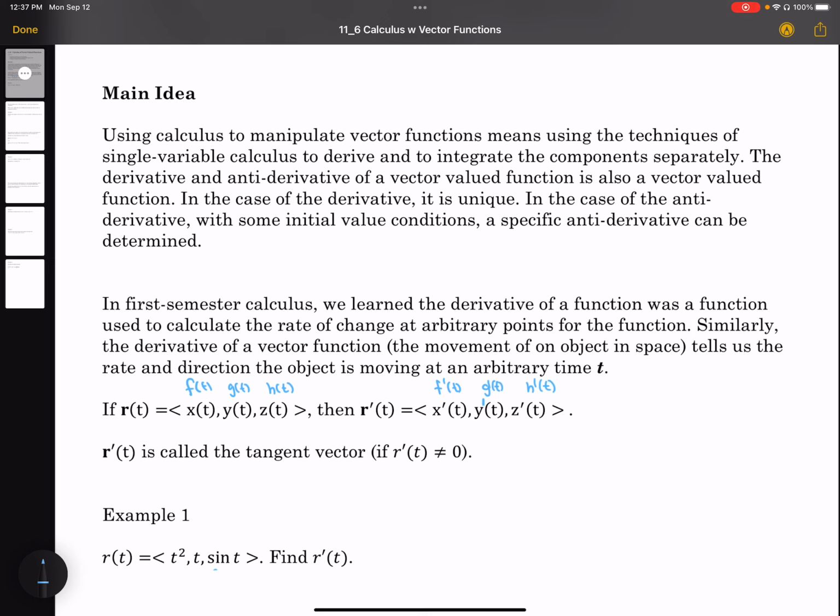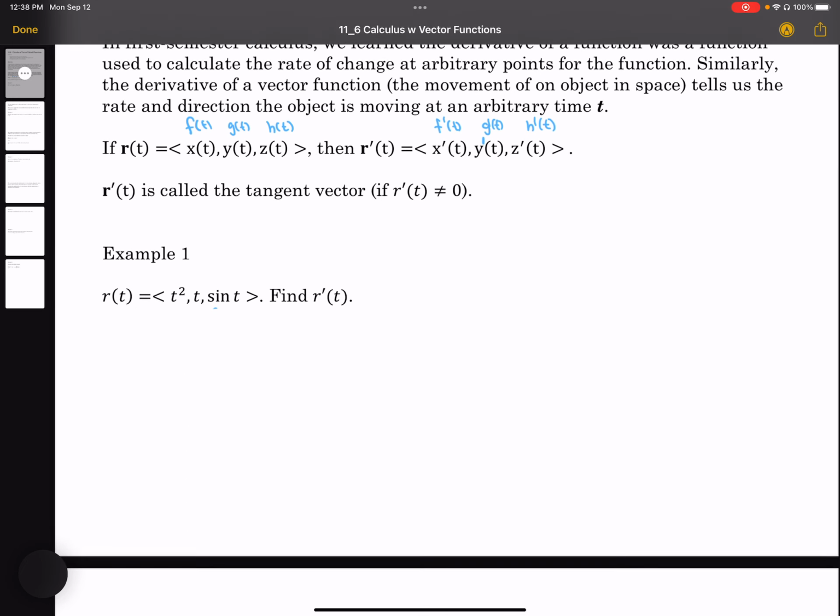This derivative is called a tangent vector provided the tangent vector isn't the zero vector, because then we don't actually have a place of tangency, and we'll see what happens when we get to that point. So for our first example, we want to find the derivative of r(t). First off, we may see r(t) occasionally written in unit vector form.